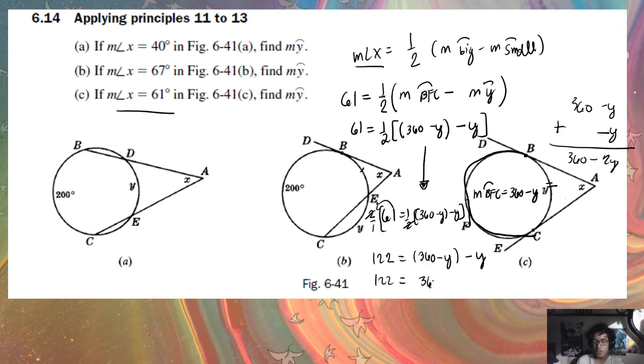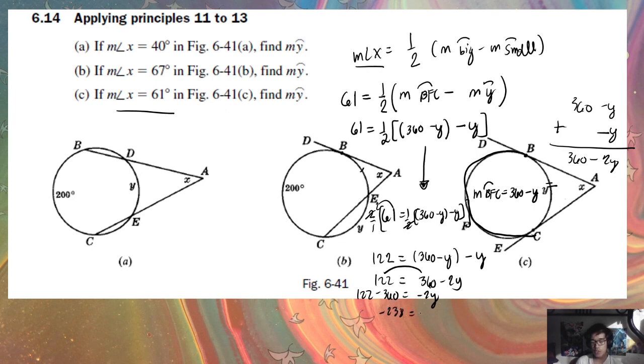So 360 minus 2y is equal to 122. Okay, so we have to transfer 360 to the other side, using the inverse of the addition property of equality. So that's 122 minus 360 is equal to negative 2y. 122 minus 360 is equal to negative 238.